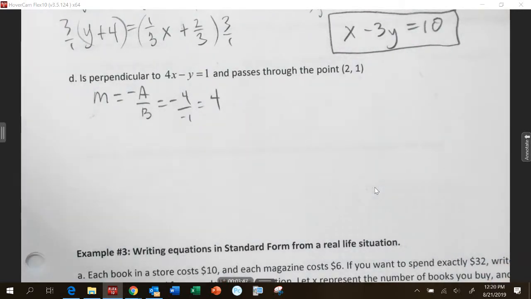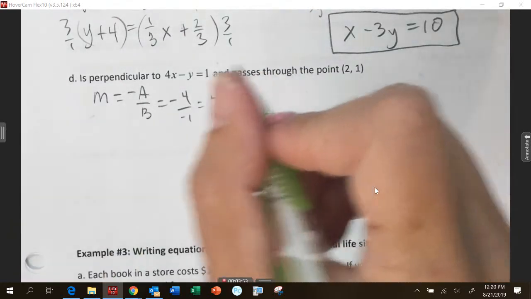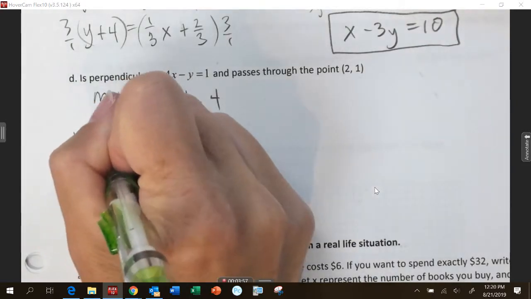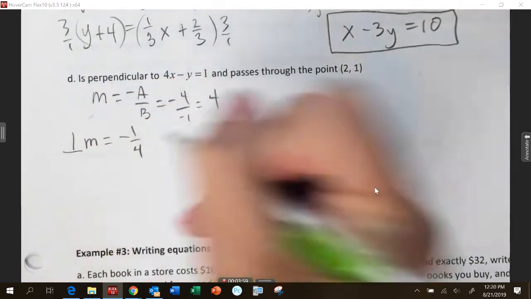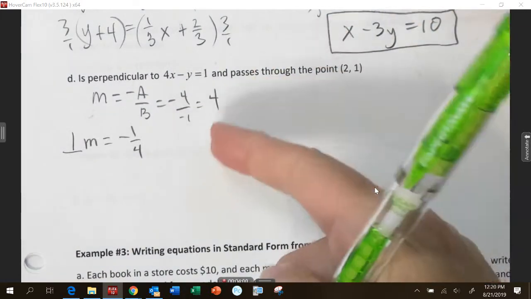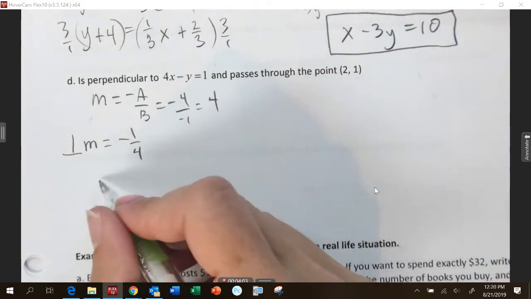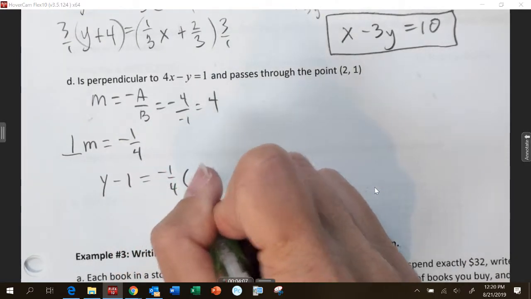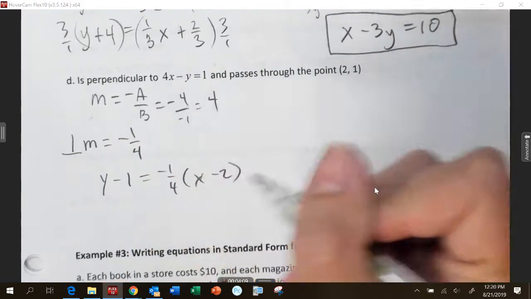Now what should we do? Kurt, what should we do? Perfect. So we're going to find our perpendicular slope of negative 1/4. And then we're going to use point slope form with that and the given point. So y minus 1 equals negative 1/4 (x minus 2).